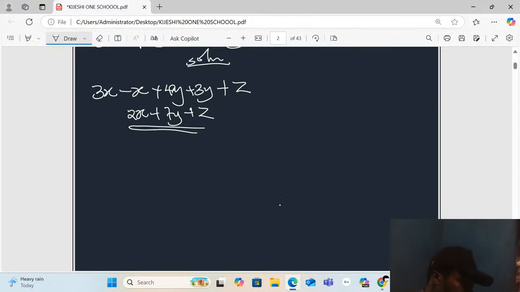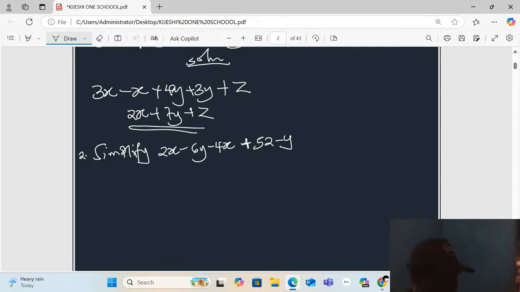Let us look at another example too. Simplify 2x minus 6y minus 4x plus 5z minus y.